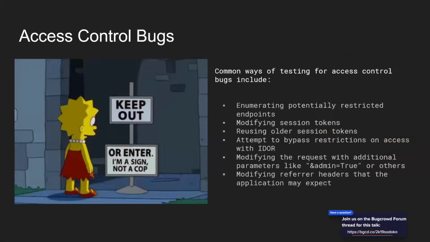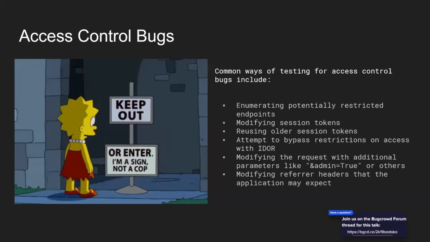Some common ways that people test for access control bugs include enumerating potentially restricted endpoints, so anything in the admin scope, developer, test, any internal API endpoints; modifying session tokens, either reusing or modifying them in some way, or putting junk data in there; attempting to bypass restrictions on access with IDOR, insecure direct object reference; and modifying your request with additional parameters.